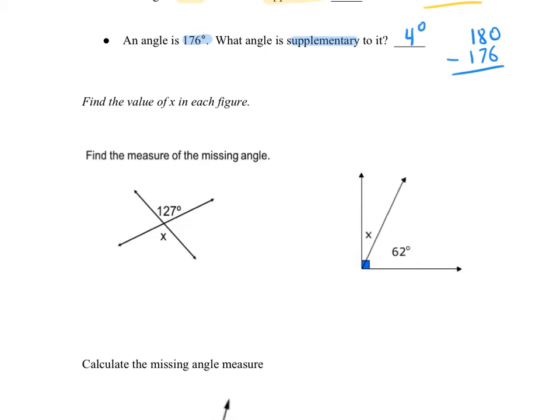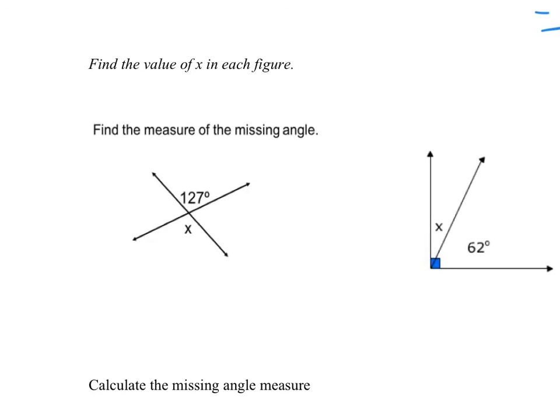Let's come down here and take a look. Remember, these are my vertical angles, so you could think of it two ways. Remember, this is a straight line here. So on my straight line, I have 180 degrees. So if I need to find, let's just call this angle A in here, I'm going to do 180 minus 127.